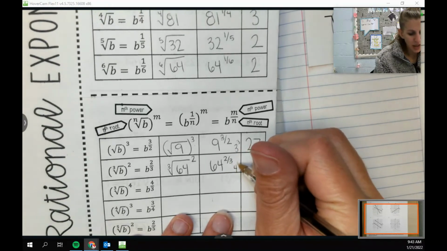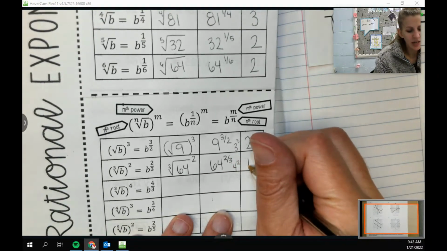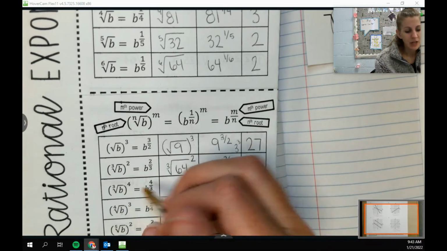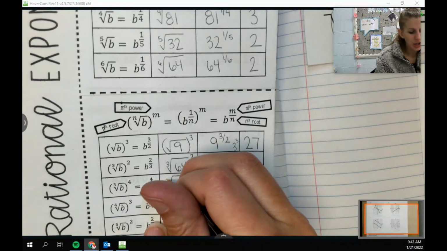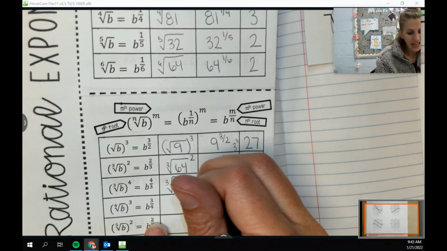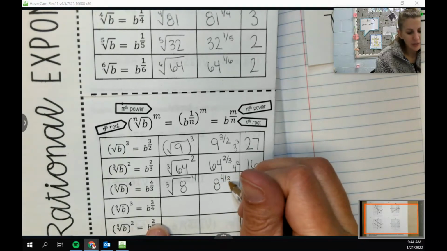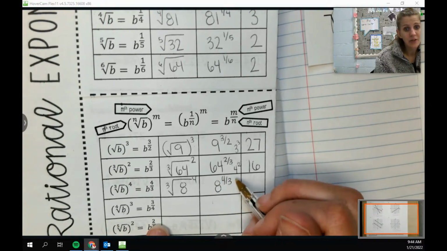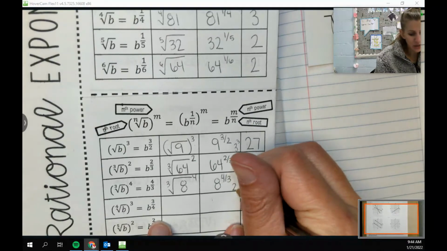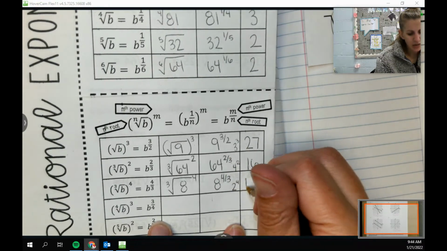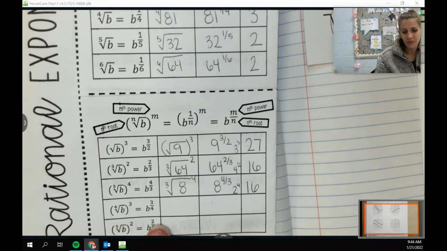That is 4, and then it's squared, so 16. We could do it with a larger one. So if I had the cube root of 8 to the 4th power, that would be the same as 8 to the 4/3 power. But again, I'm going to take the root first. So cube root of 8 I can do, that's 2 to the 4th power, I believe is 16 again, right? Yeah, 2 times 2 times 2 times 2.